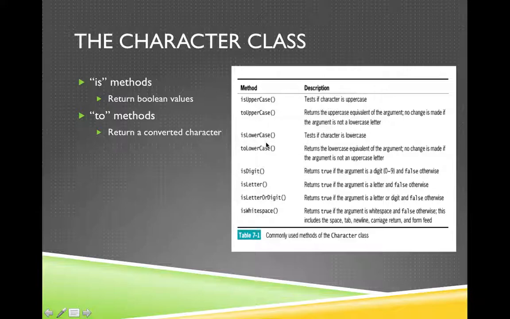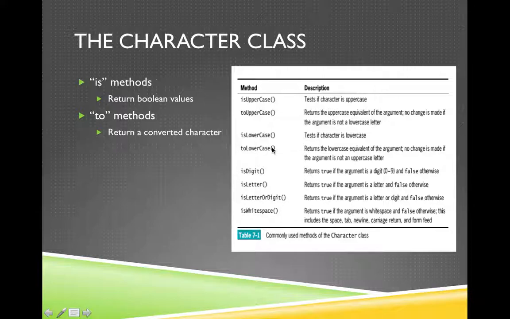And again, just like I stated before, is methods are going to return Boolean values, and to methods will convert a character, or they can return a converted character. I kind of didn't specify that difference in the PowerPoint because if you convert something to a character, there's a certain way that you'll actually be able to see that conversion, but we'll get into that later.